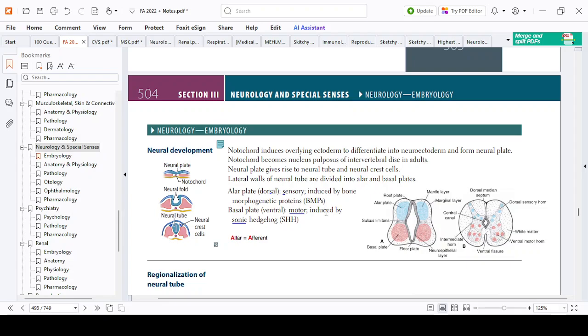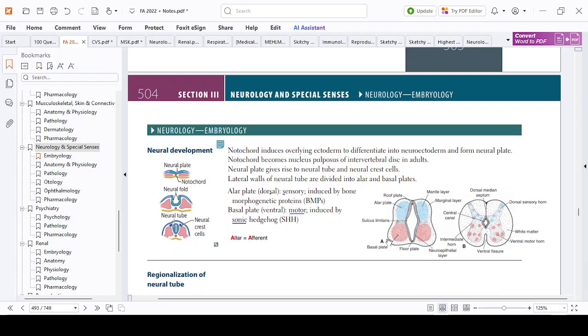You can remember it like this: alar is for afferent, and B, basal, is for bafferent or motor. Just remember it, afferent and bafferent. Afferent is going towards sensory, bafferent is coming out and motor.